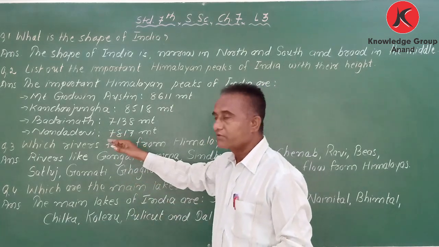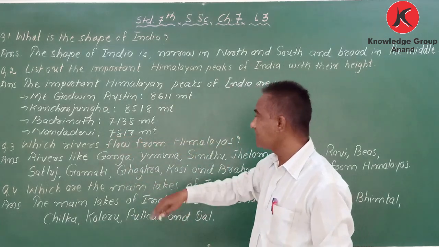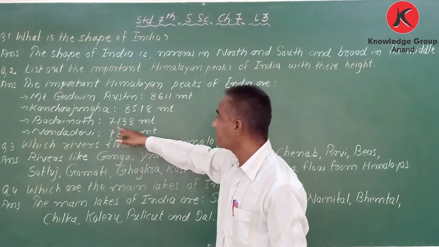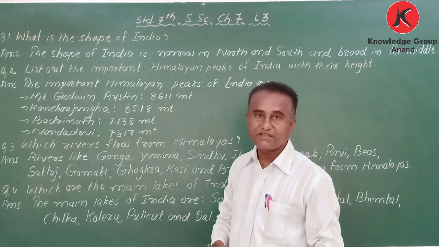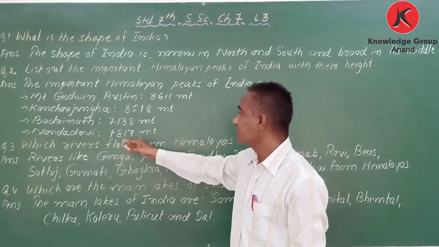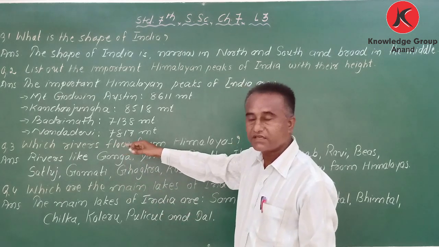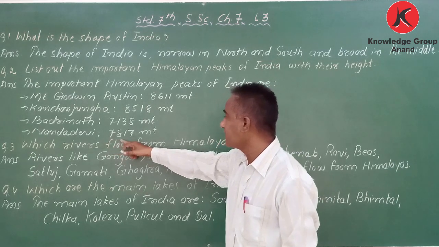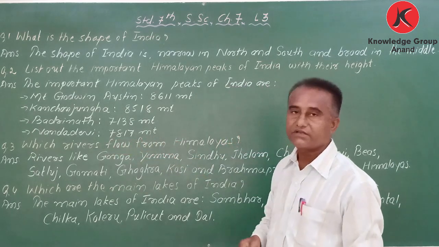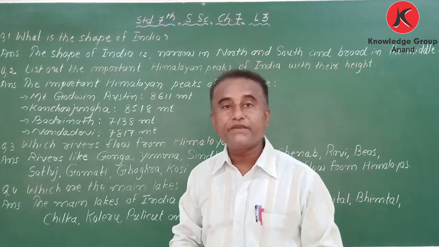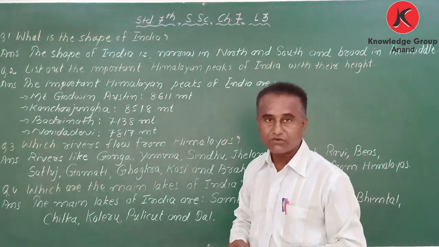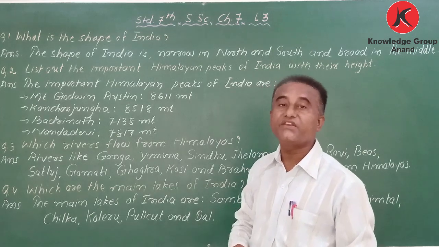Third one is Badrinath, the height of that peak is 7,138 meters. And Nanda Devi, the height of this peak is 7,817 meters. Got it? So here I have written 4 main peaks of the Himalayas which are part of India.